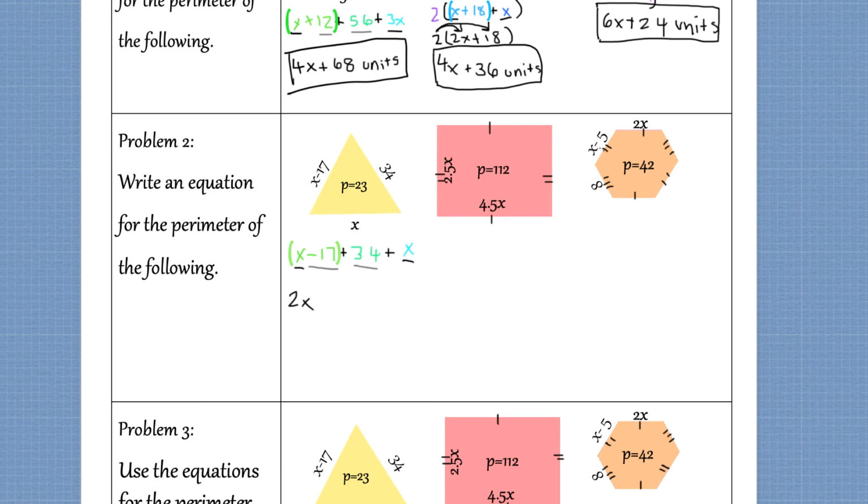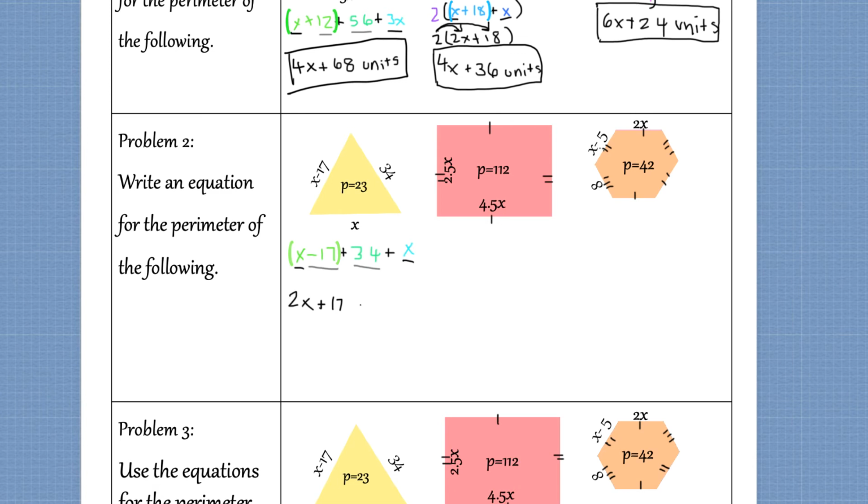And we're going to add 34. So 34 plus negative 17 is the same thing as 34 minus 17, which is equal to just positive 17. So 2x plus 17 is our simplified expression for the perimeter of this triangle.